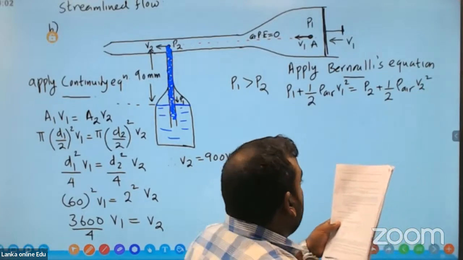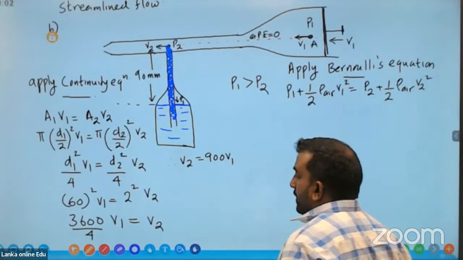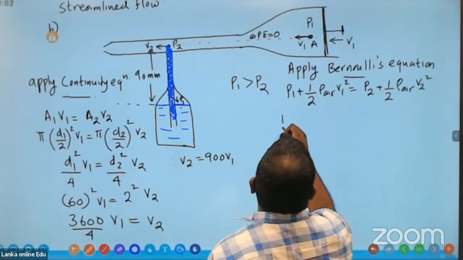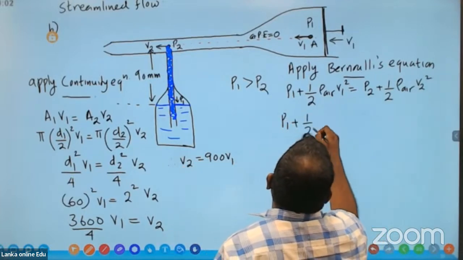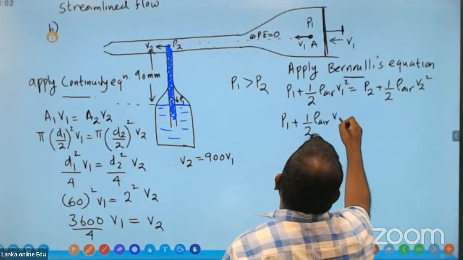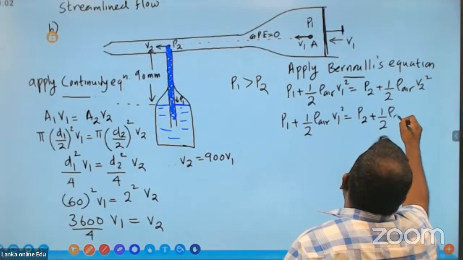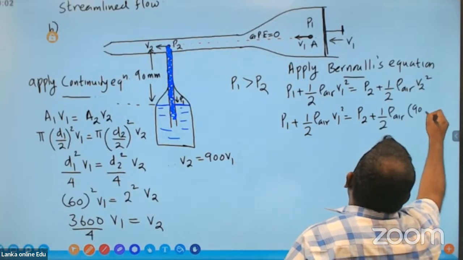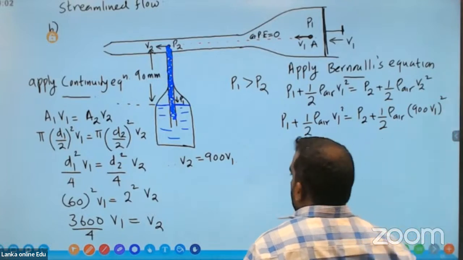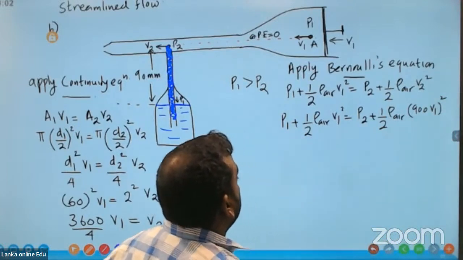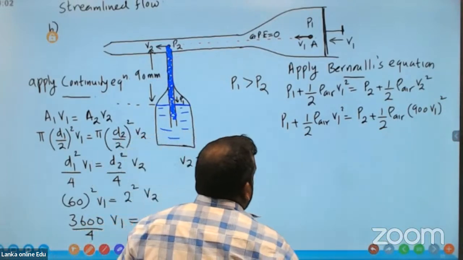Our job is to find the velocity V1, so we write V2 in terms of V1: P1 plus half density of air V1 squared equals P2 plus half density of air times 900 V1 squared. We solve in symbols and substitute at the very end, which is easier. Carefully simplify.